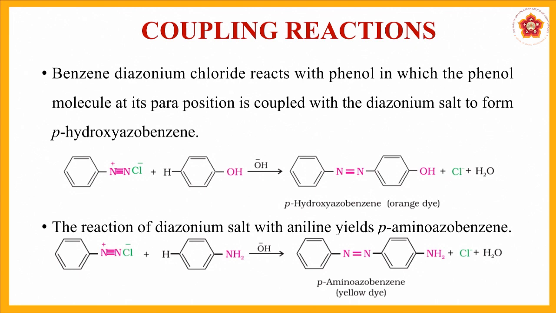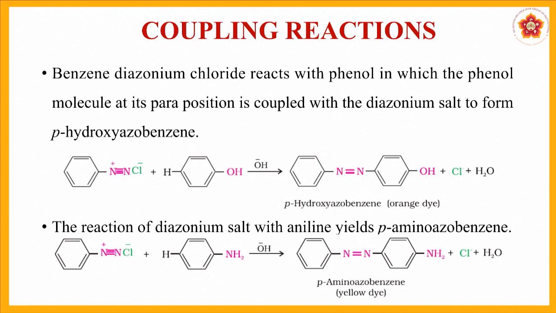Now we see a couple of reactions which are actually utilized in dye formations. Now, what is a dye? Dye is actually a coloring matter which can be used on wool. We can use it in coloration of textiles, and these are the types of compounds that we use there.